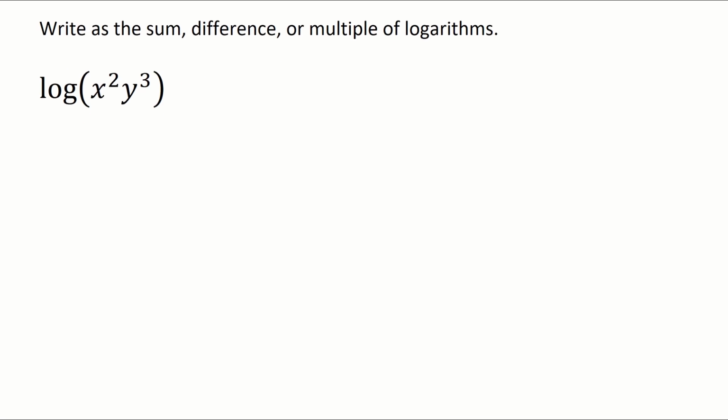We are going to start by writing logs as the sum, difference, or multiple of logarithms. So in this case, we can apply the product rule because we have two numbers that are being multiplied by each other. Just as a reminder, the product rule says that log of a product, PQ, is equal to log of P plus log of Q. So we can take that product and separate it out as a sum, which is what we're going to do here.